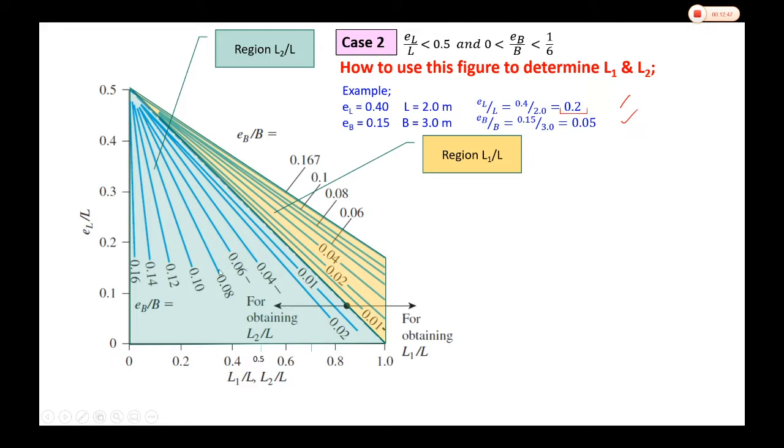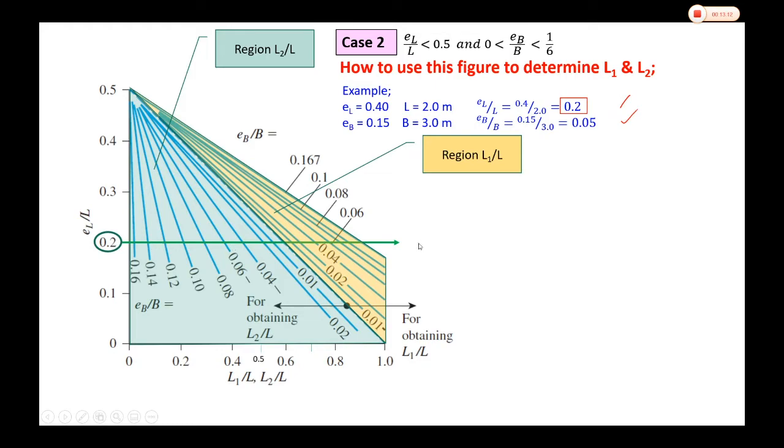So to get the ratio of L2 over L, you will refer to the left side of the figure. Now you look at the EL over L, which is 0.2. In the diagram, the y-axis is the EL over L. So we have 0.2 as the given EL over L here. You draw a horizontal straight line.